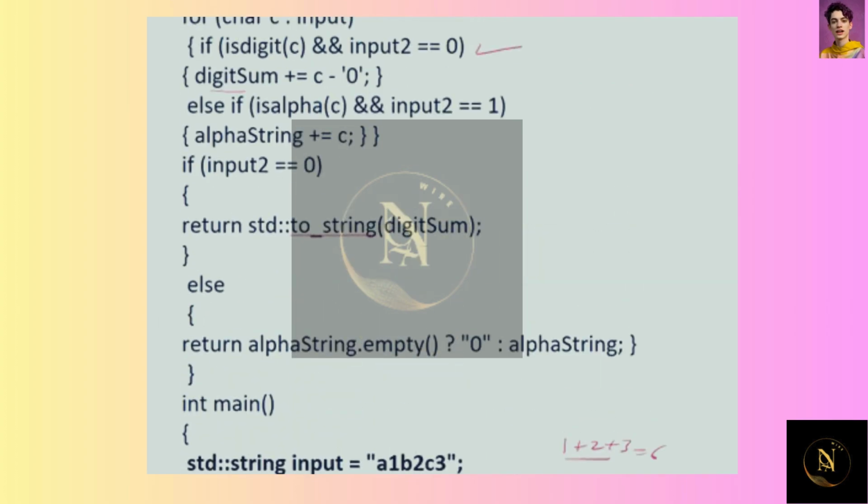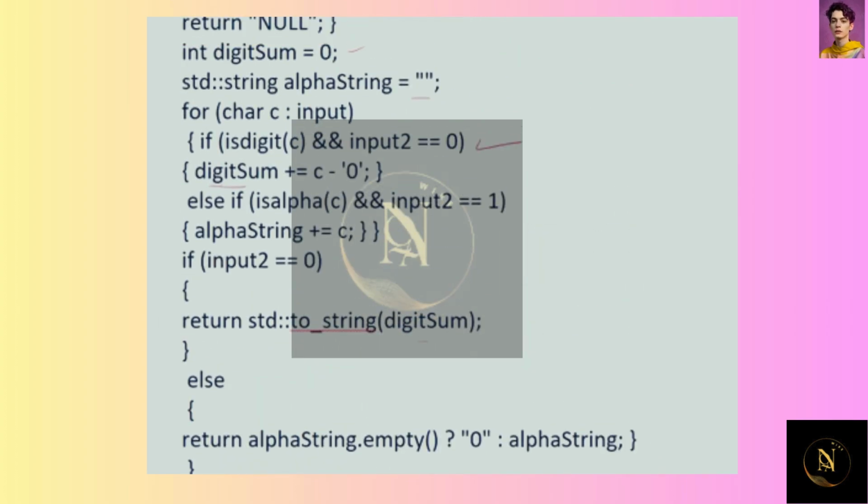So this program will execute and give ABC in this way. First it checks isalpha: the alphabets from the given string will be taken into account, and the second condition must be true simultaneously. Now the characters or alphabets will be taken, and after this it will be called in this way.